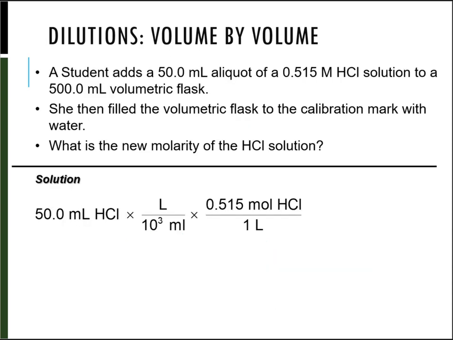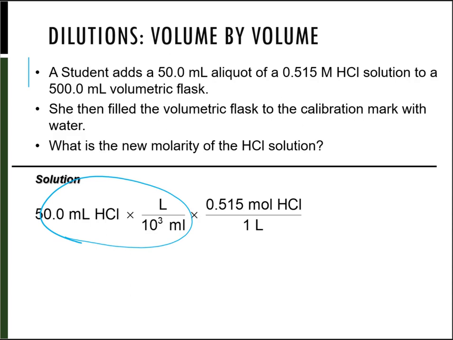So let's say a student adds a 50 milliliter aliquot of a 0.515 molar HCl solution to a 500 milliliter volumetric flask. She then filled the flask to the calibration mark with water. What is the new molarity of the HCl? Well, first thing we did was went from milliliters to liters right here.